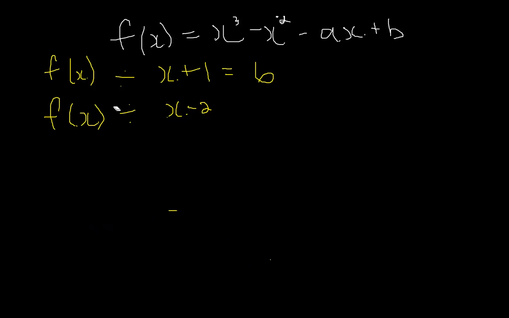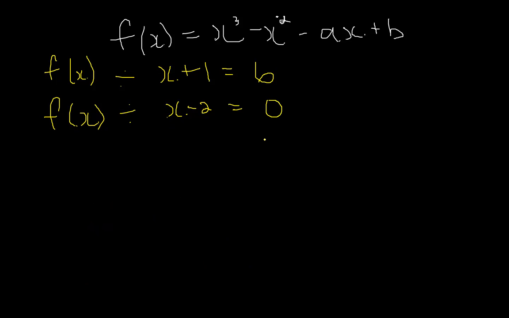Back to the question. F of x divided by x minus 2. They did not tell me exactly what the remainder is, but they did say that x minus 2 is a factor of f of x. We know, based on the factor theorem, that if a divisor is a factor of the function or polynomial, then my remainder is going to be equal to 0.